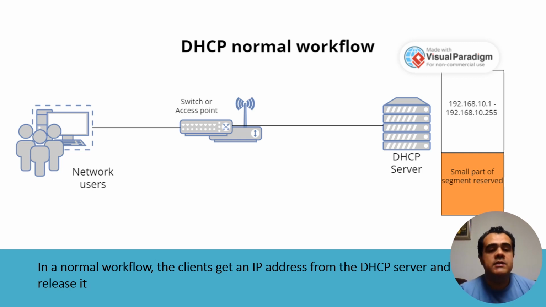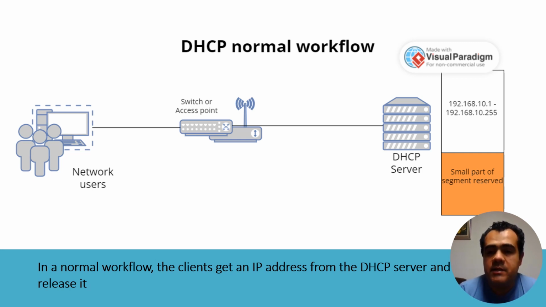I mean, all the users that don't have a static IP address connect to the DHCP server and ask for an IP, because obviously we need an IP in order to get internet or access all the network services.